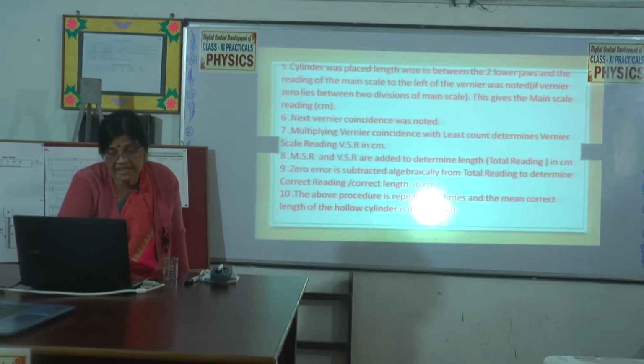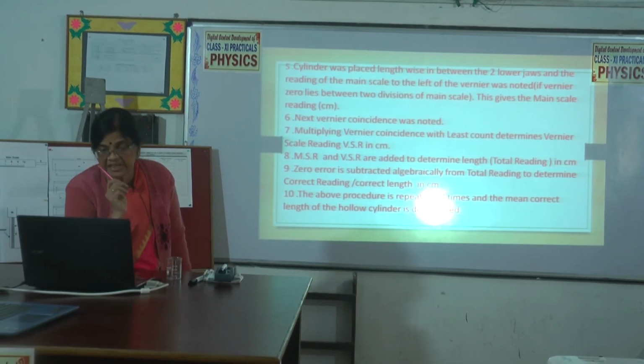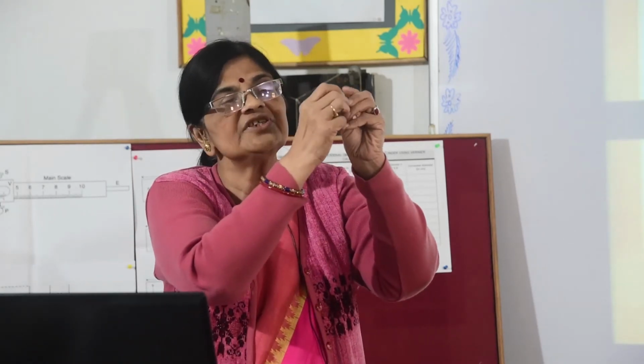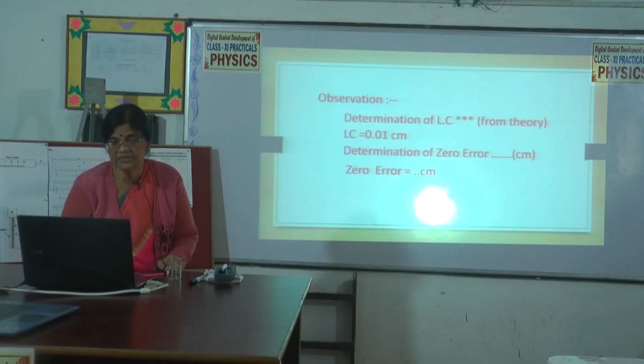Multiplying VC into LC, the least count, determines the vernier scale reading. Then MSR and VSR are added to determine the total reading in centimeter. Zero error is subtracted algebraically from the total reading to determine the correct length in centimeter. This procedure is repeated 10 times and the correct length of the hollow cylinder is noted.